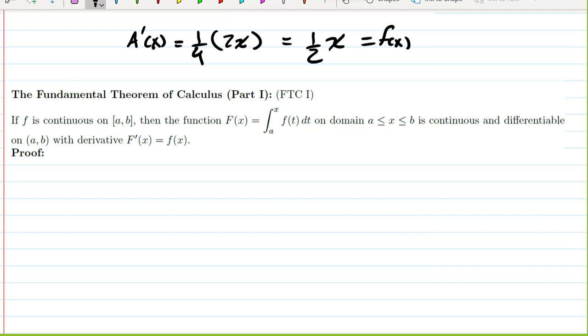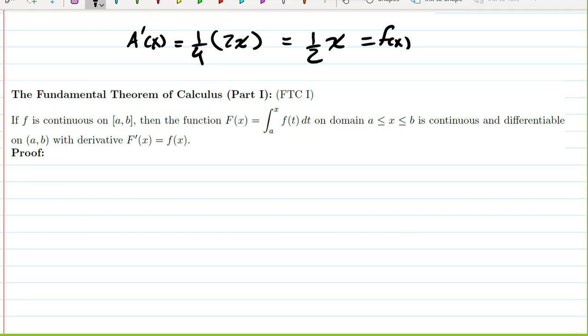So in a nutshell, what the Fundamental Theorem of Calculus says, if you have an integral of the form, the integral from a to x of some function f of t dt, when you take the derivative of this function, you put the variable, the upper limit of integration, into the function f, and that's your derivative.